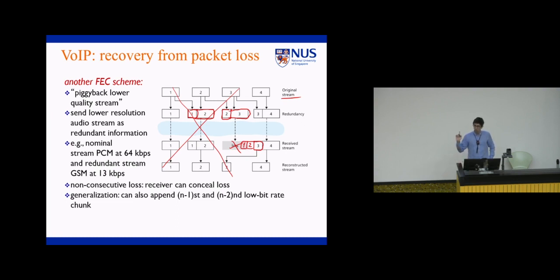But again, this adds to your playout time. You cannot have a very low playout delay and recover from all those, because you need to wait for the next stream to recover from the loss of an earlier stream.